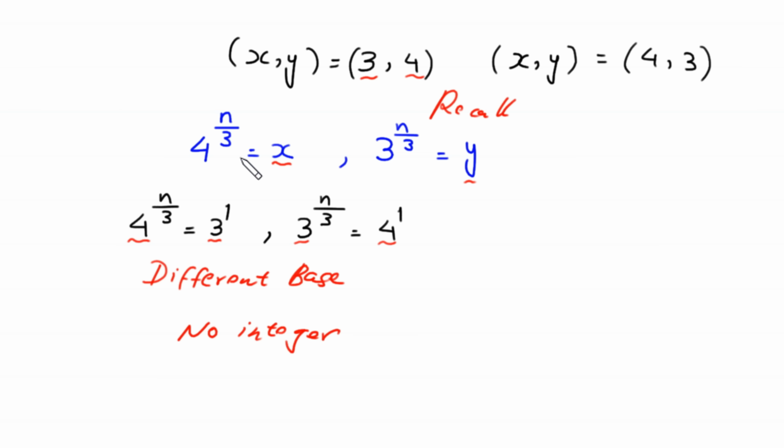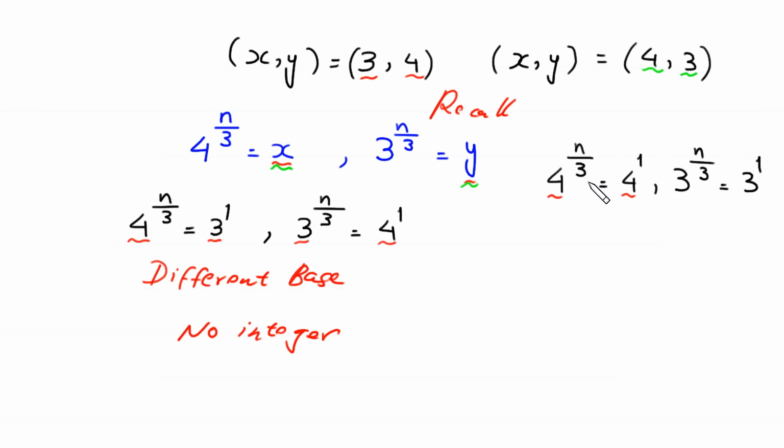Now in this equation we replace this x with this 4, we replace this y with this 3. So 4 to the power n over 3 is equal to 4, and 3 to the power n over 3 is equal to 3, and this 3 has power 1, this 4 has power 1. You can see that at left side the base is 4, and at right side the base is 4.